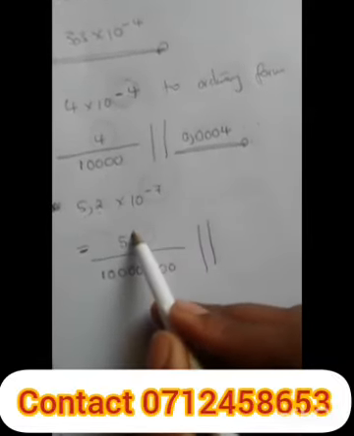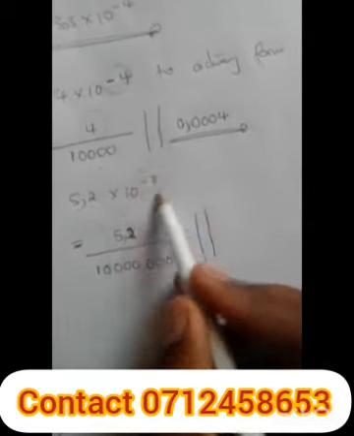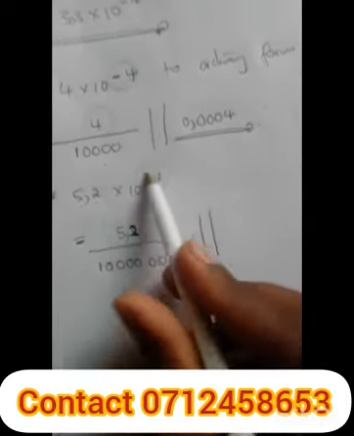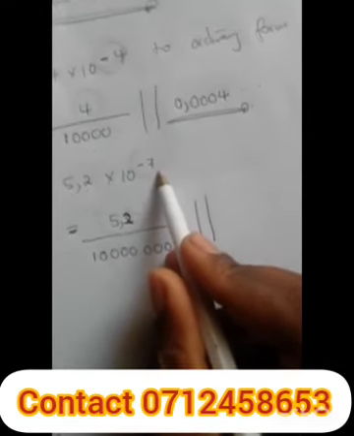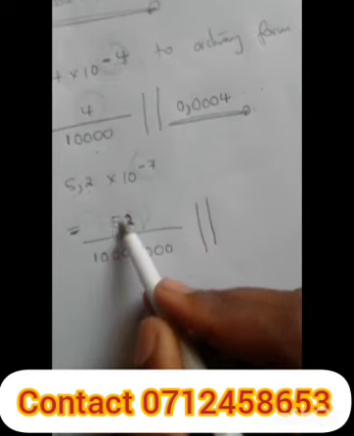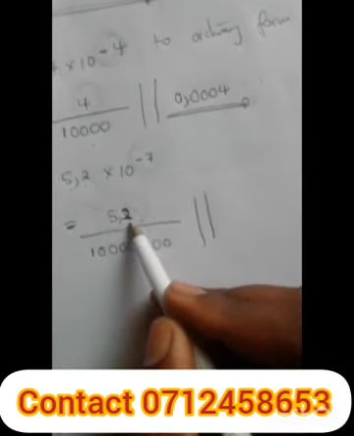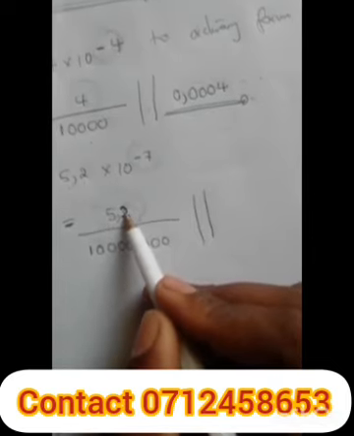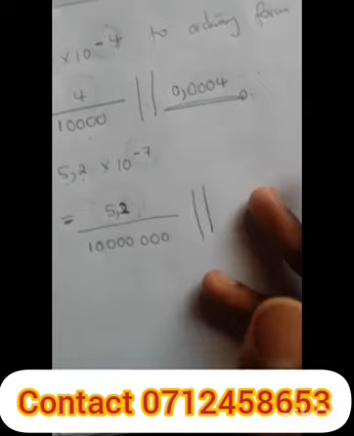Here you just have to take note that I have 7 numbers after the comma. I mean, this exponent is to the power of 7. So therefore, instead of having 7 numbers after the comma, we now have 8, because I've got 5.2. So that is what you have to take note of.